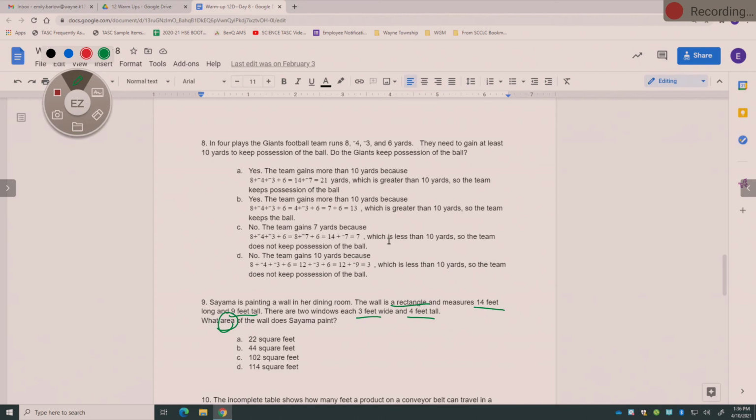Okay, so figuring out what she needs to paint, the area to paint would equal the total area minus the windows area, right?